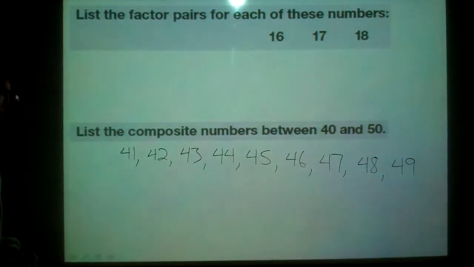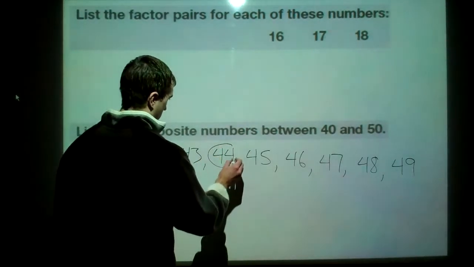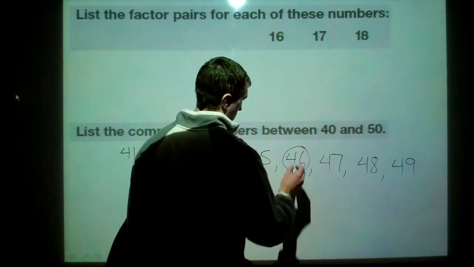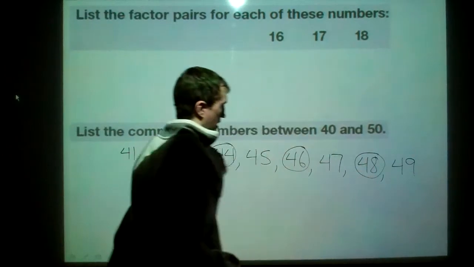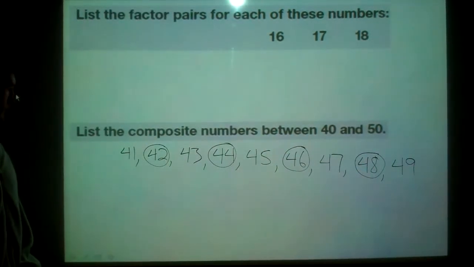Alright, remember right off the bat, every even number will be a composite. So we know that this one will be in there, this will be in there, this will be in there, and this will be in there. All those will be in there because they are at least divisible by 2.